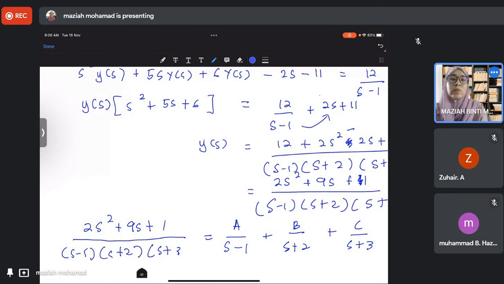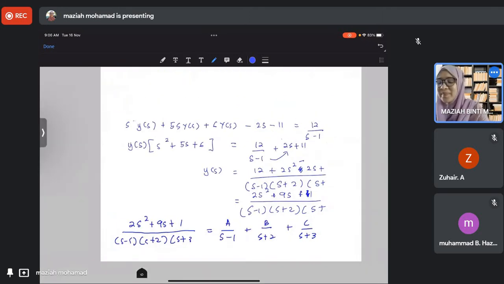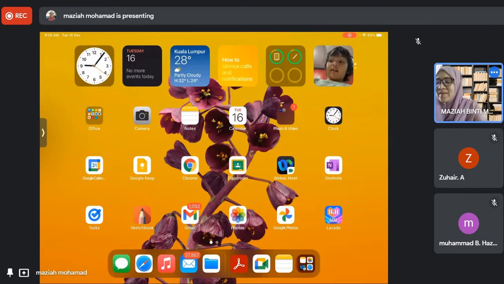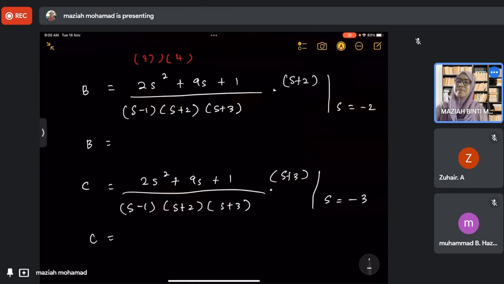So kalau awak tak percaya, awak check balik lah. Check balik dapat sama ke tak. Okay, doktor, basically yang kawan awak buat dapat macam ni. B 3, C negatif 2. Okay, B 3, C negatif 2. Ada yang dapat lain ke?